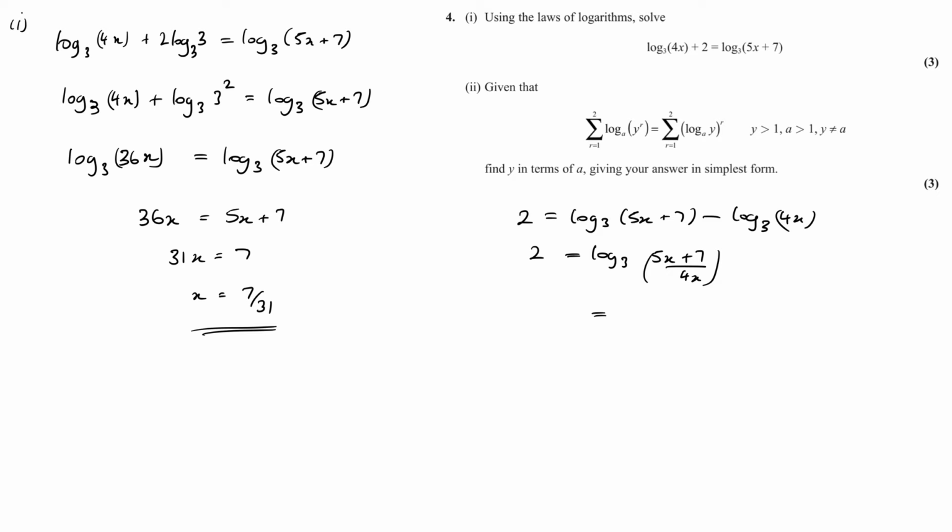So that would give me that this 5x plus 7 over 4 is equal to, and I think the 3 across there, and that becomes the power, so 3 squared. Oops, sorry, there's an x on the bottom.